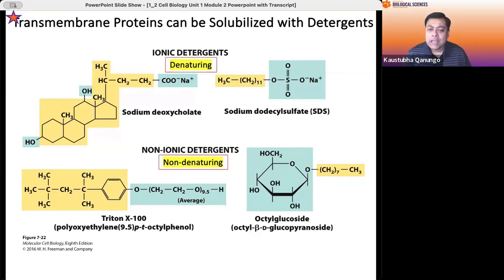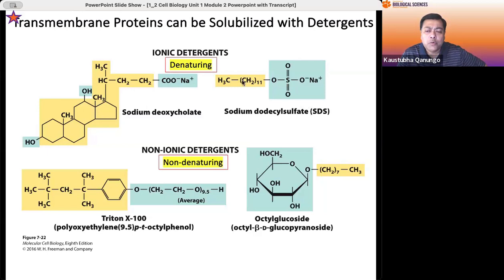We have to use something which has an amphipathic or amphiphilic property. So a part of the detergent molecule is hydrophilic, a part of it is hydrophobic. The hydrophobic portion binds to the lipid, and then the hydrophilic portion washes it out and takes it out with the water. This is how all the detergents and soaps work.